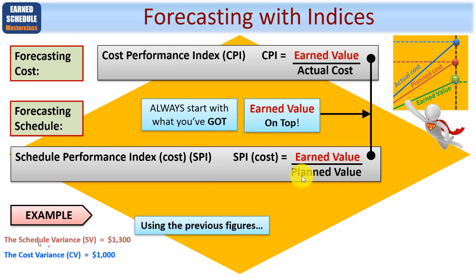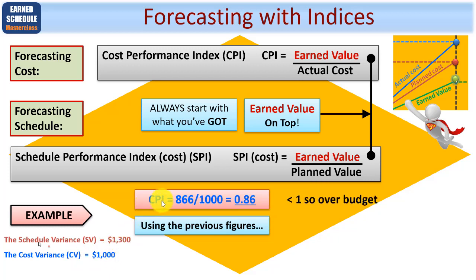So here's a simple example using the figures I've shown here. Imagine your schedule variance, or SV, shows you as $1,300 and that your cost variance, CV, is $1,000.